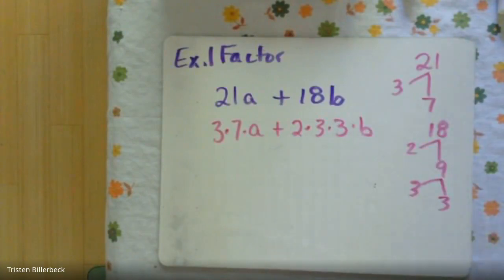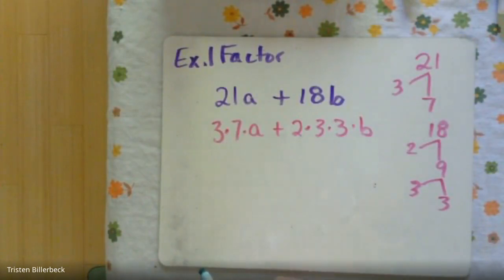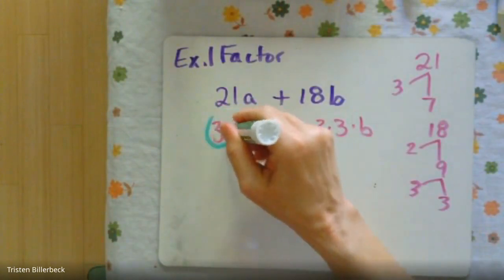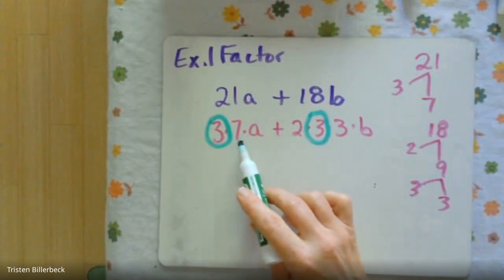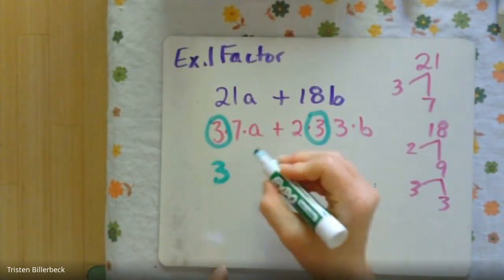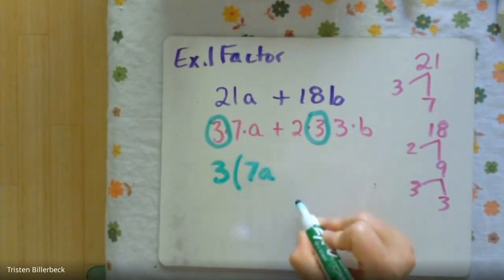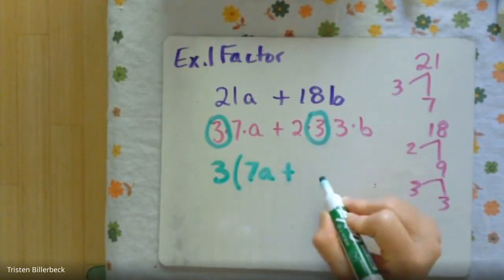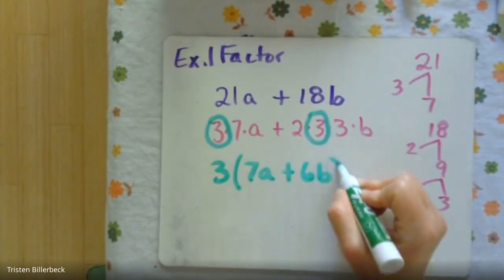So we want to find what is in common with these two prime factorized numbers. We see there's a 3 and a 3, but there's no 7 and there's no A in this number, so that's all that's going to come out. The prime factorized version of this is 3 times 7 times A, which is 7A, plus 2 times 3 is 6, 6 times B is 6B.